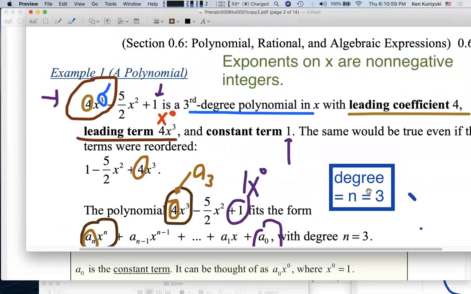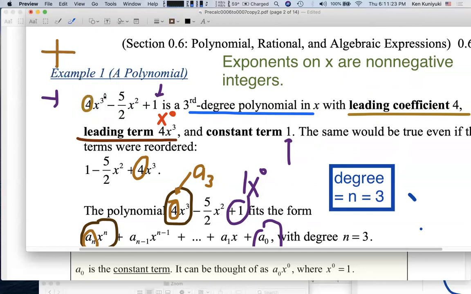The guy up here has 3 terms, as it's written, 1, 2, 3. You don't count the missing terms with 0 coefficients. The key terms are separated. Okay, the number of terms is indicated by the number of primary plus signs and minus signs plus 1, right? So here we have an implied plus sign in front. We have one term. I should erase all this. There's so much going on here.